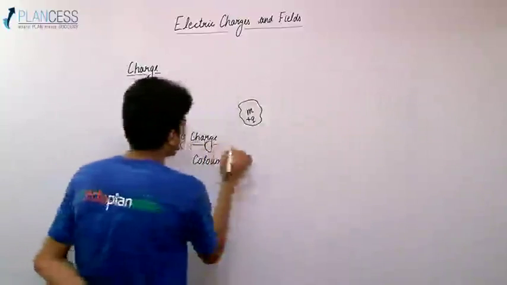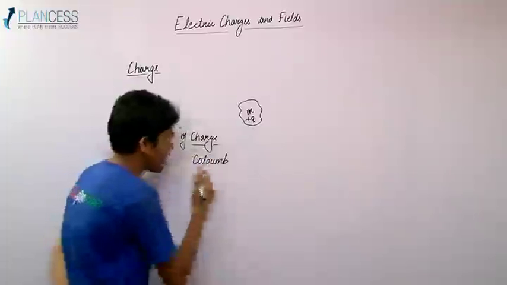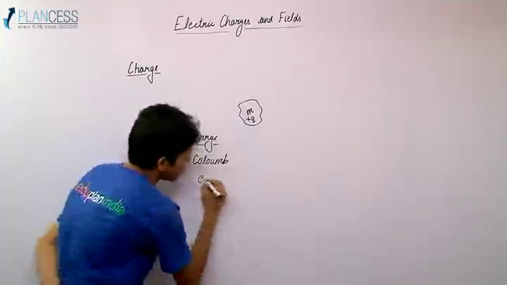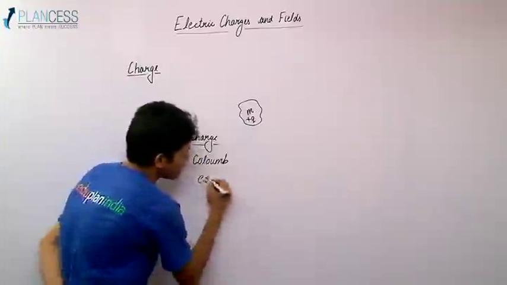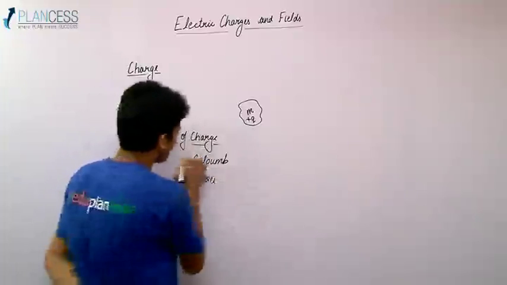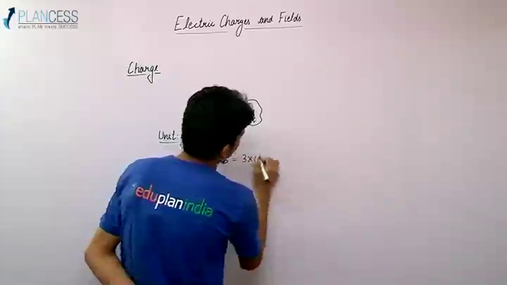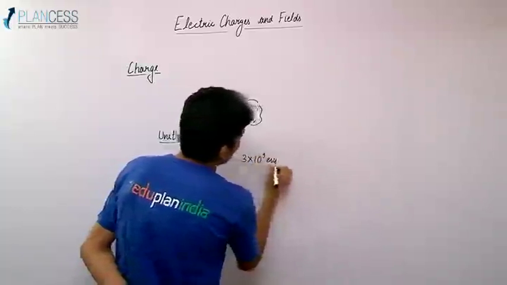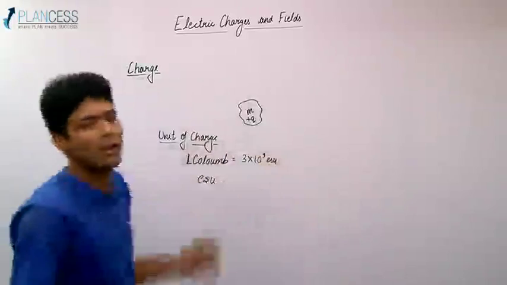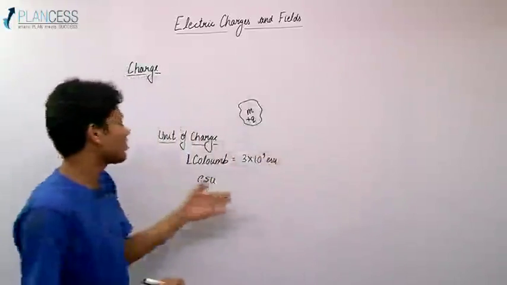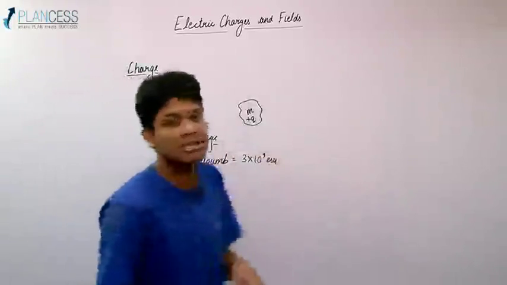The CGS unit of charge is actually the electrostatic unit, generally denoted by ESU. And 1 coulomb is equal to 3 into 10 to the power 9 ESU. This is the conversion of a coulomb and an ESU.